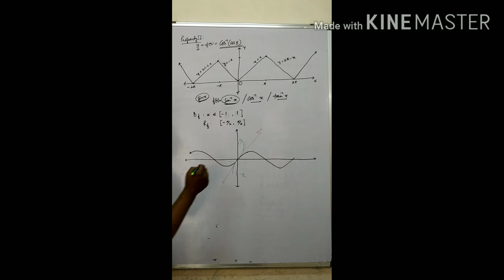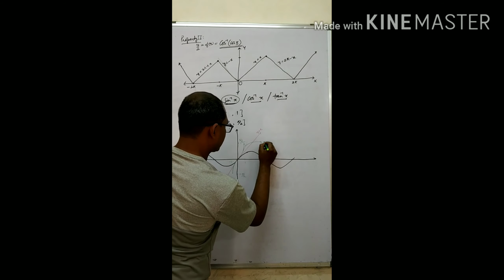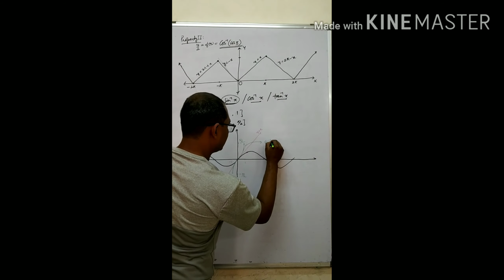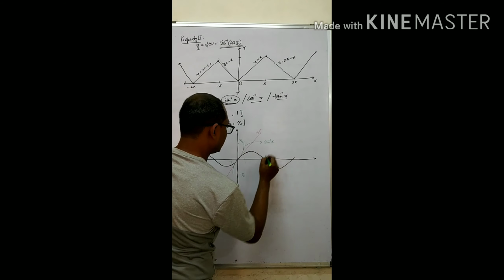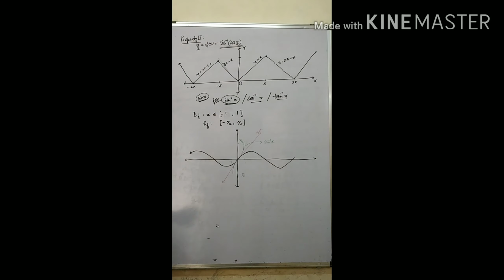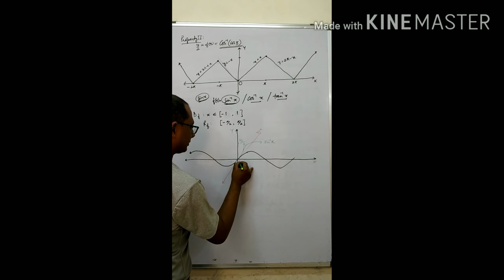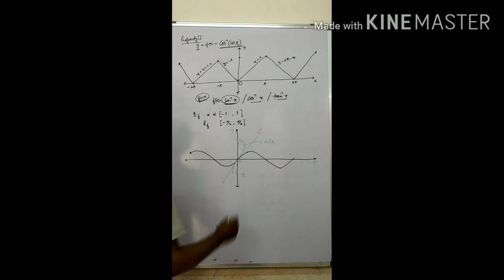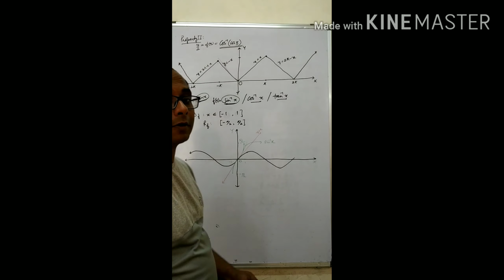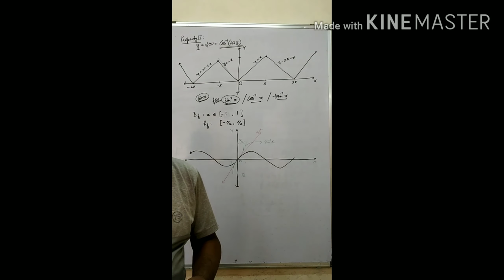So this is the graph of sin inverse of x. This was sin x, and that one will be sin inverse of x, with the y axis, x axis, and origin here. Similarly we can draw the graph of cos inverse of x. Let us go for it.